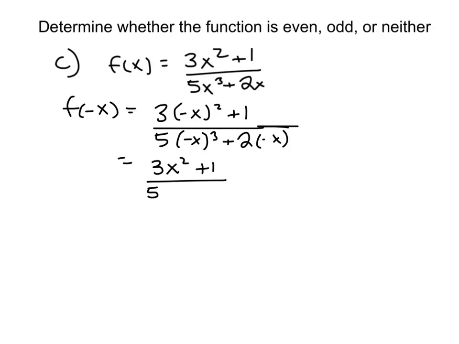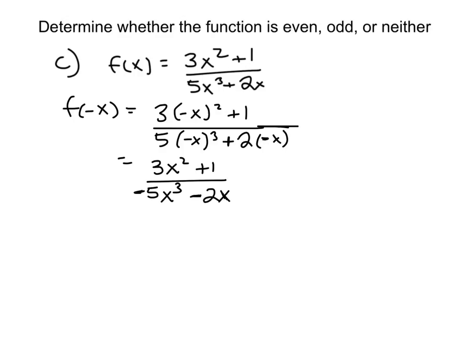Then negative x cubed is still negative x cubed, because the negative sign doesn't go away when it's cubed. And then the negative on the 2x makes this a minus 2x.